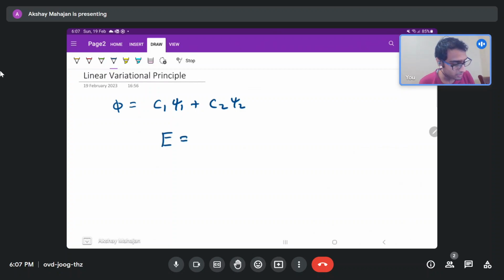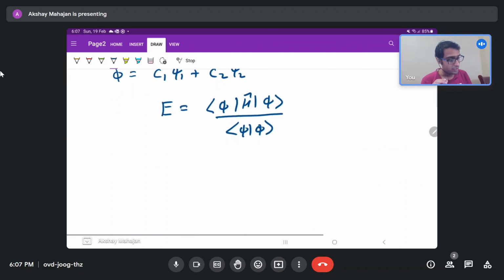Then we write our energy value as phi H phi divided by phi phi.